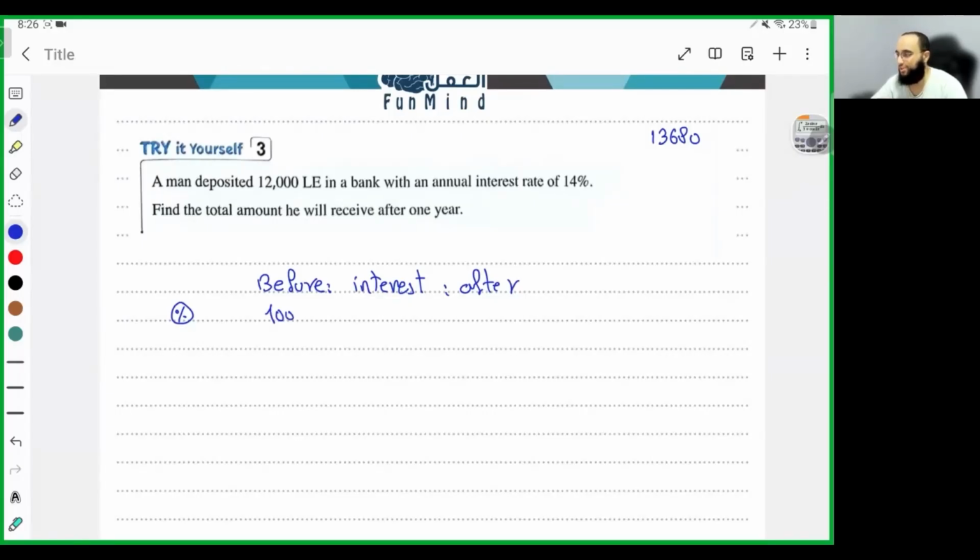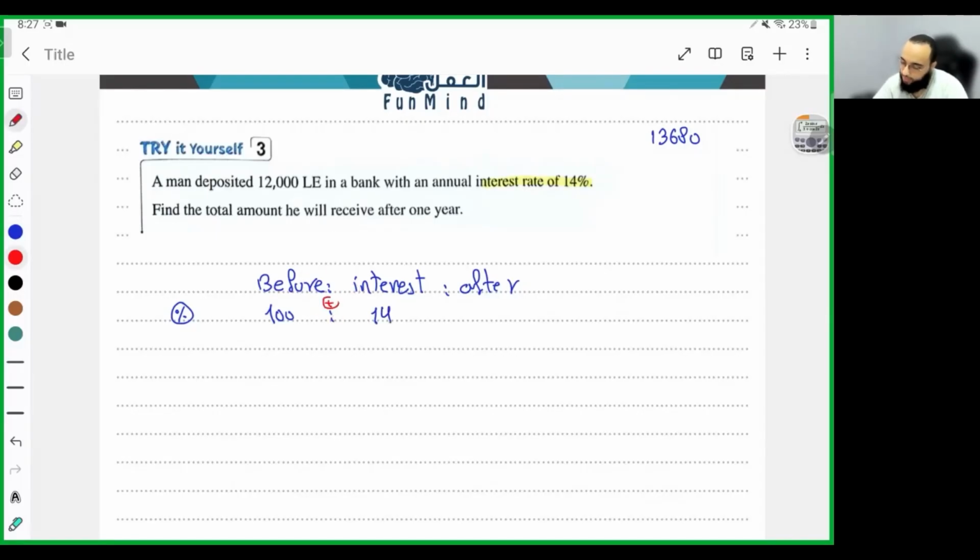Answer, yeah, Marwan. So the price before the interest is 100. What the interest rate? 14. So the interest is adding or subtracting?